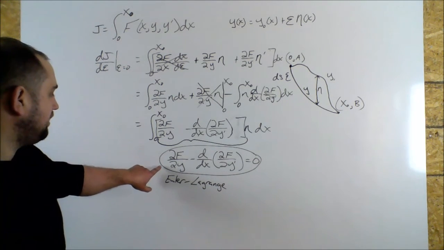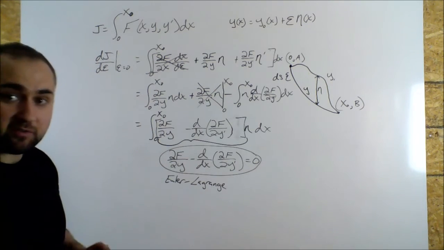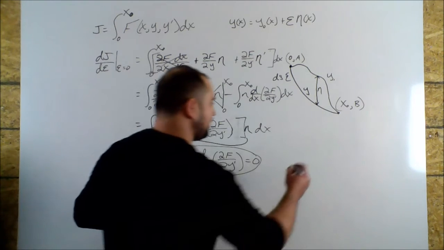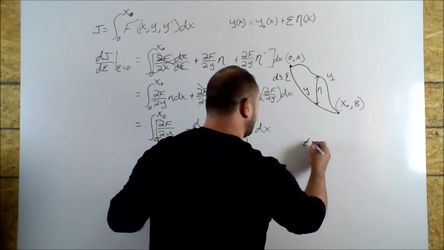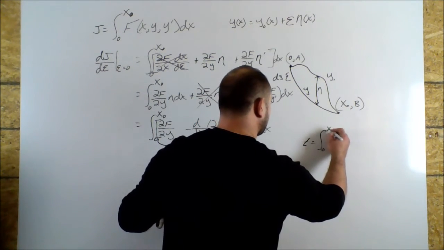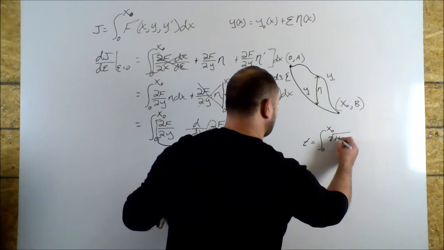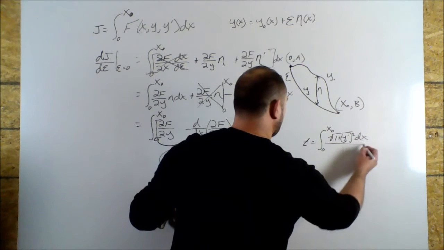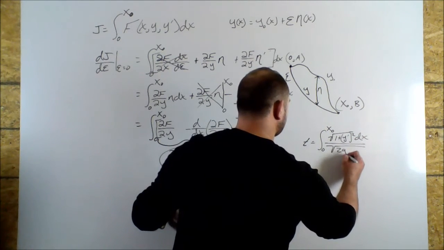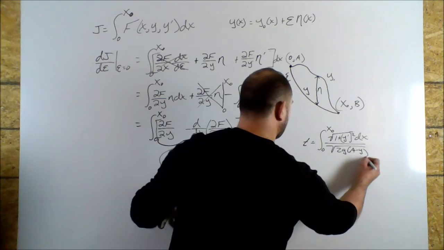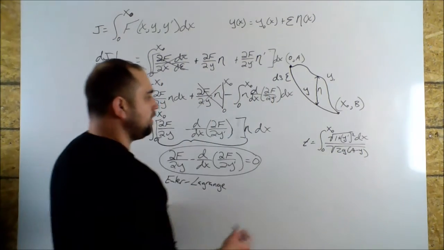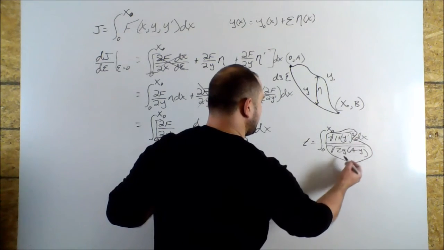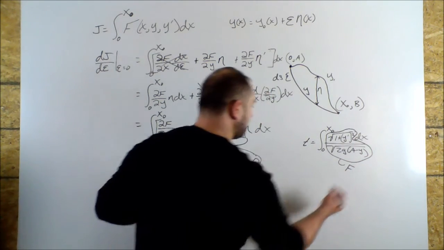Now, let's write down our previous equation from our example, where time is equal to the integral of the square root of 1 plus y prime squared dx over the square root of 2g times a minus y. What's inside here, our integrand, is actually our f.